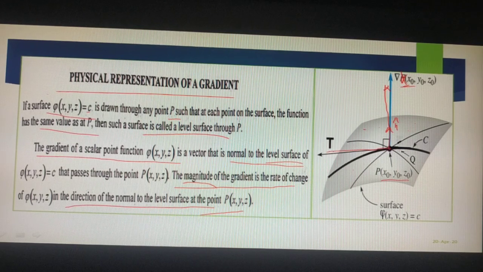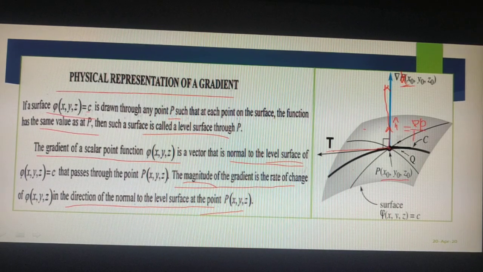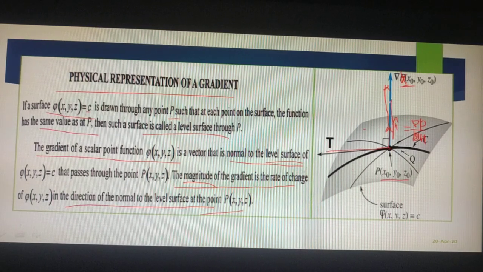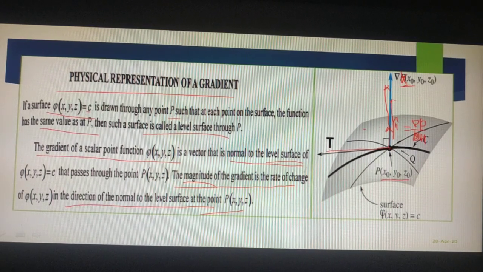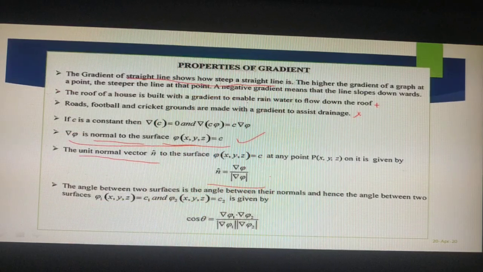In this direction, what is the unit vector? The whole vector is del phi, and if I divide by mod del phi, I will get the unit normal vector in this direction. So that is the formula we are going to use: n cap is equal to del phi by mod del phi.